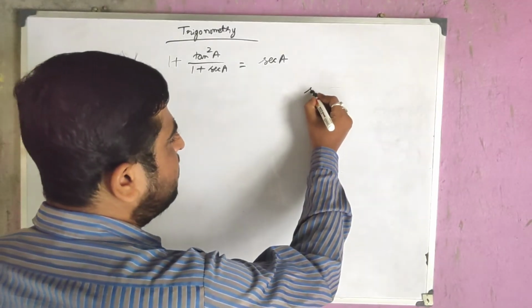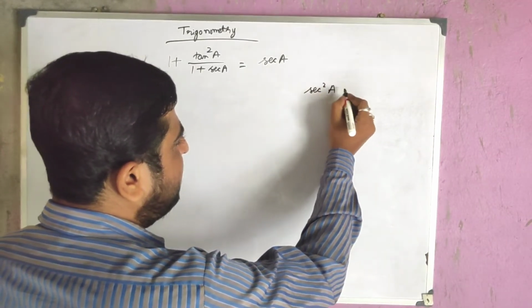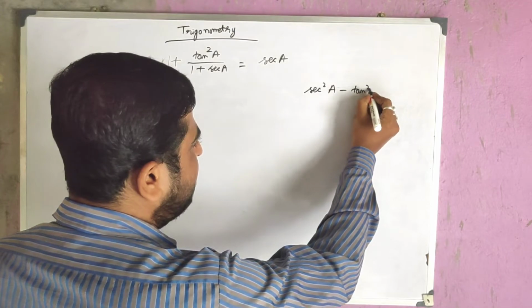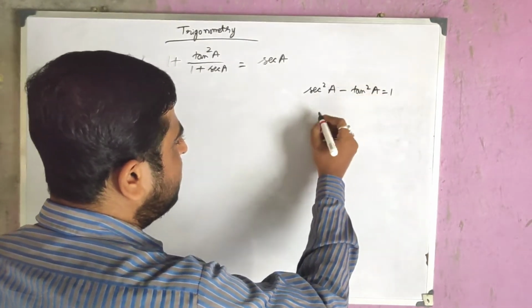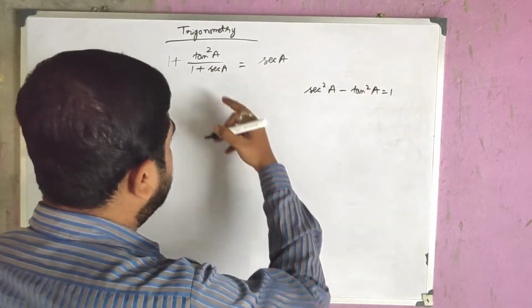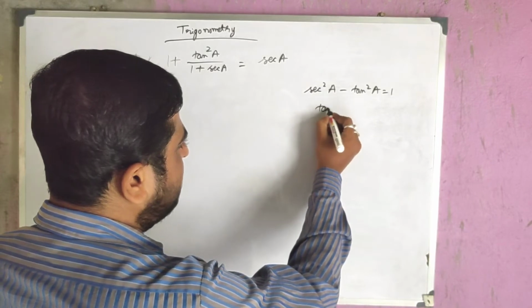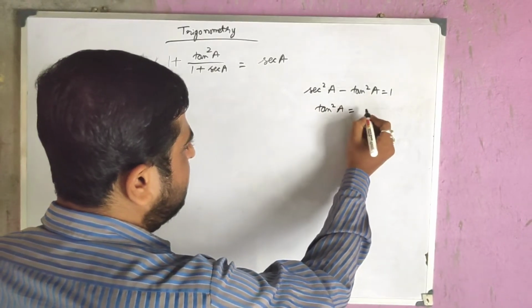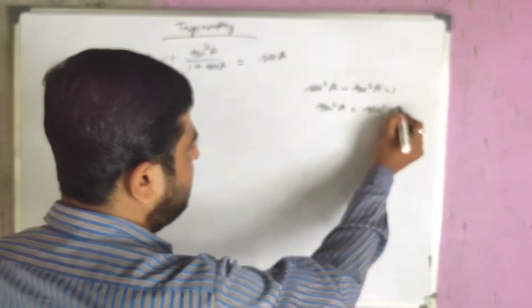Yes, last day we learned that sec square A minus tan square A equals 1, and also that tan square A equals sec square A minus 1.